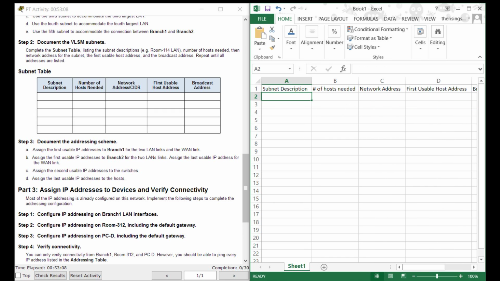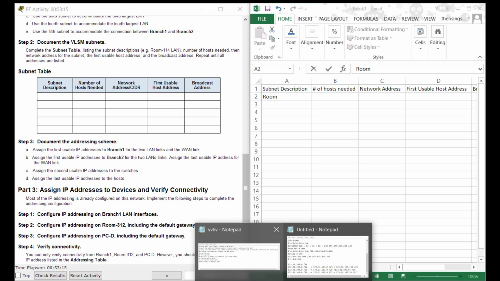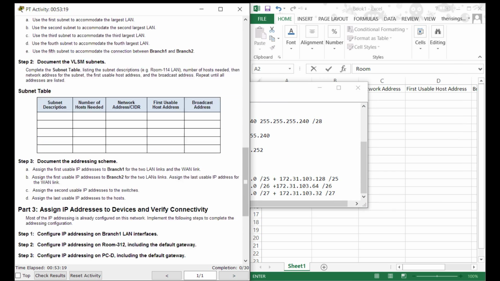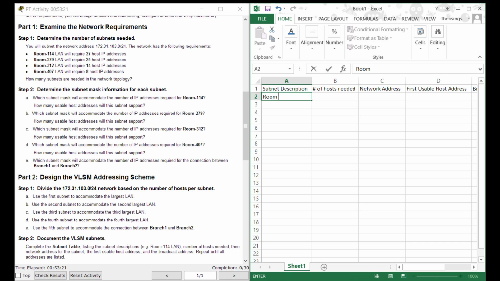Alright, so our first subnet is going to be room 114, then room 279, then room 312, then room 407, and finally your serial link.